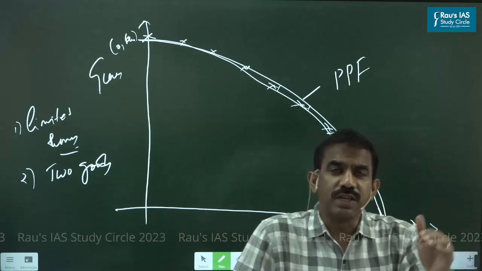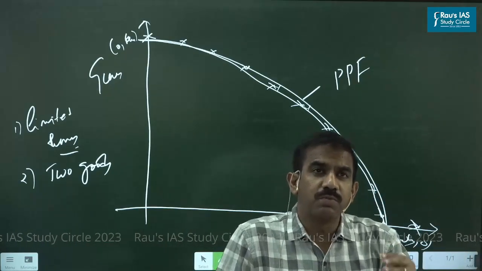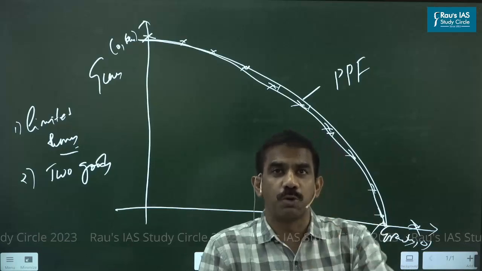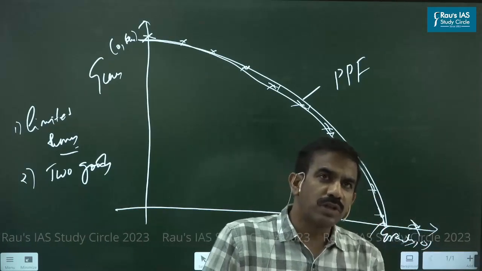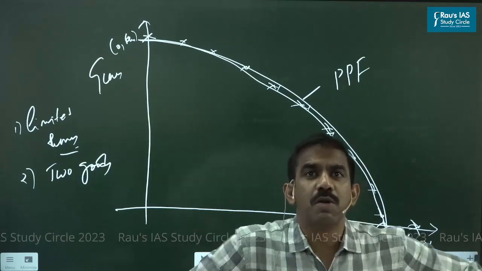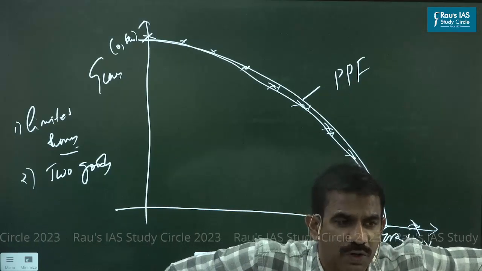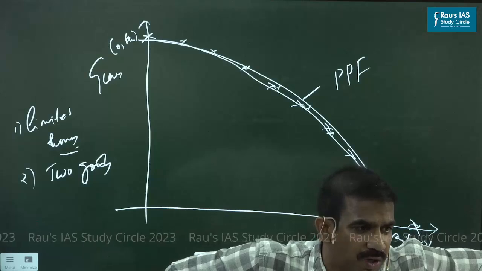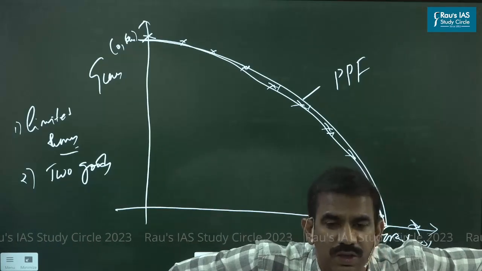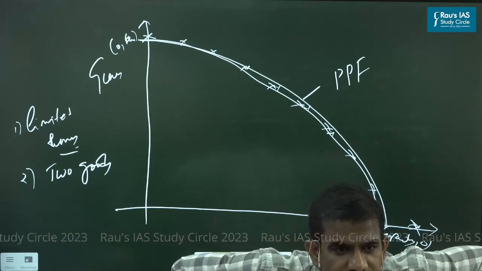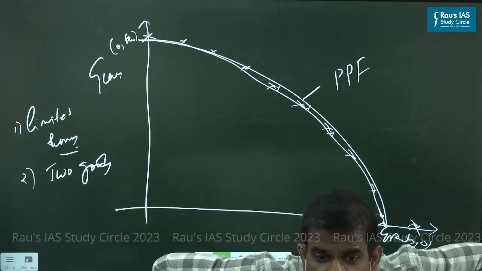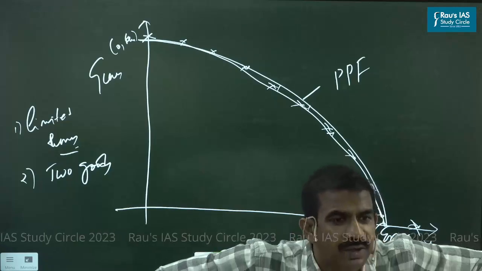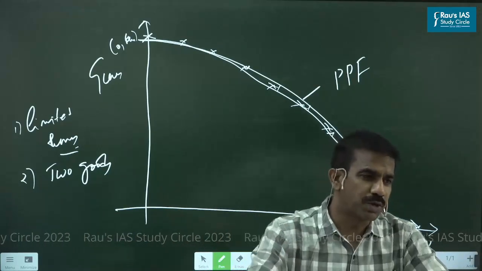So with a given set of resources, the maximum possible combinations of goods I could produce is any point on this curve, and I call it a production possibility frontier. So the maximum possibility is given on this curve. Following? And what's your name? Pritika. Okay.